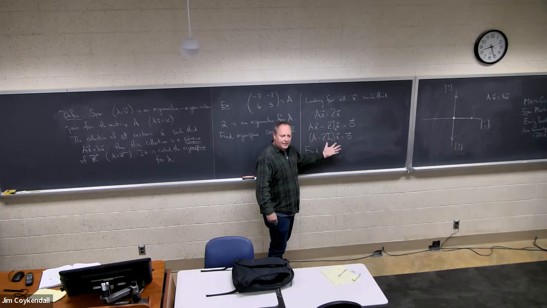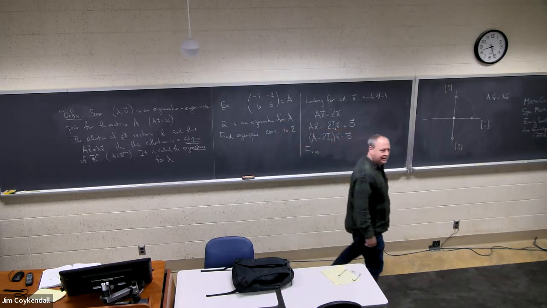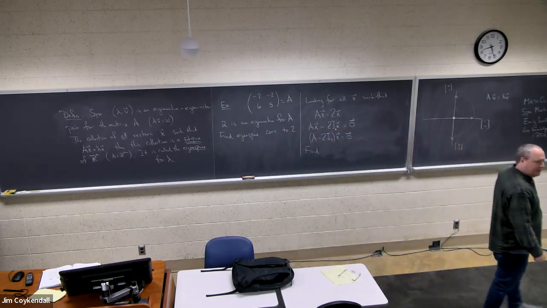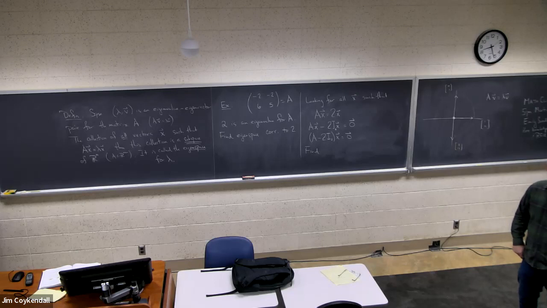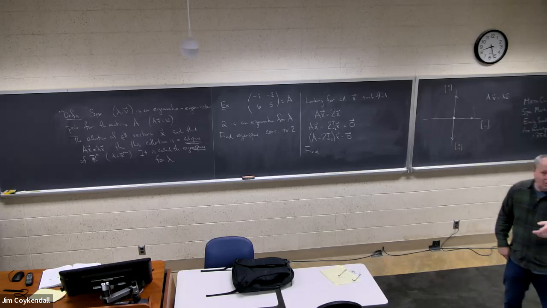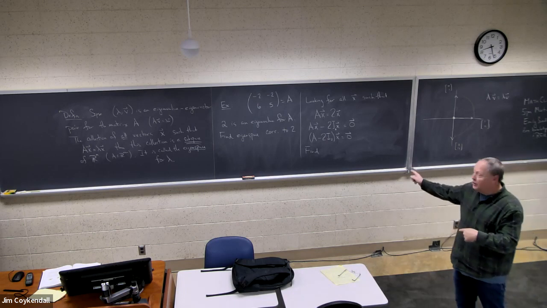Can somebody describe what that is? We're just taking the matrix A and subtracting 2 from the diagonal elements, and finding the solution to the homogeneous system.